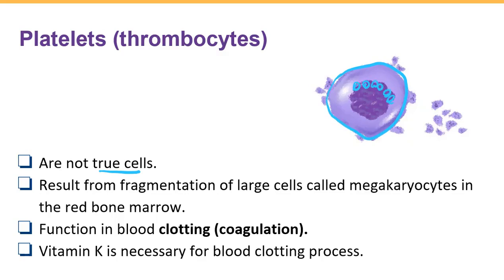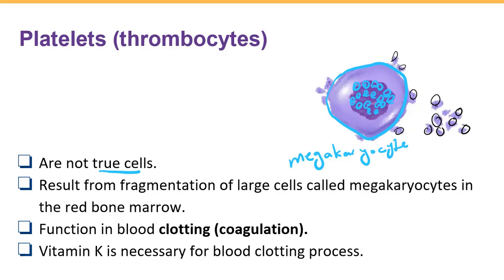We call this large cell a megakaryocyte, a cell with a huge number of nuclei. Then this cell is fragmented, and each fragment is called a platelet. That's the reason we say platelets are not true cells. They are just fragments of a large cell, the megakaryocyte.